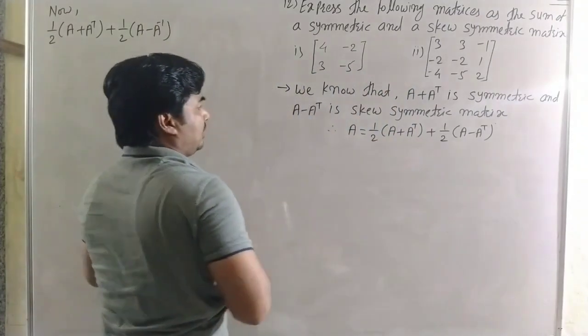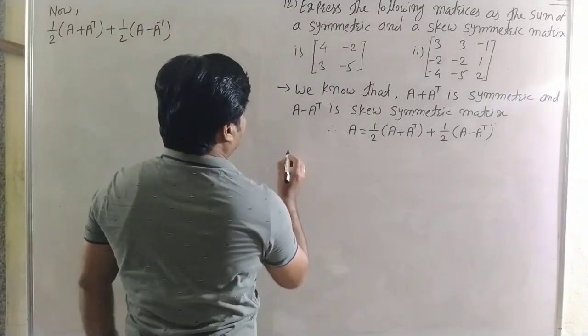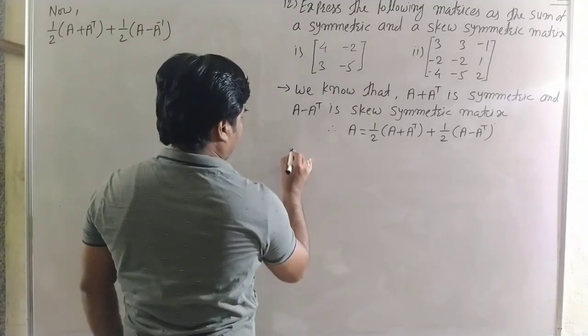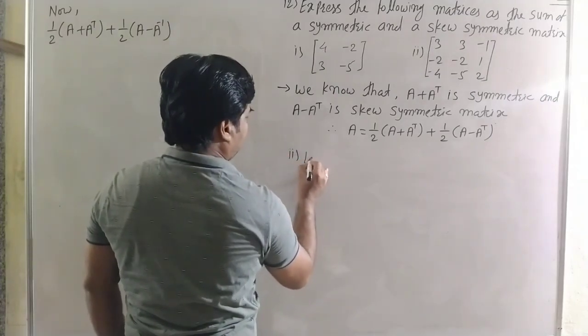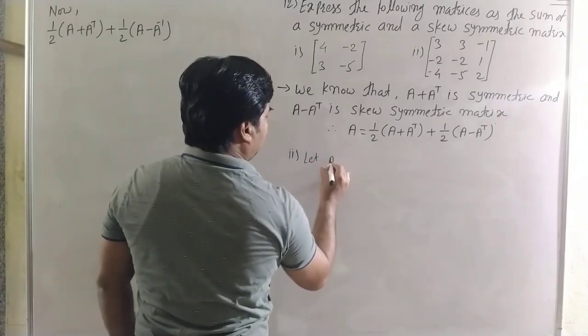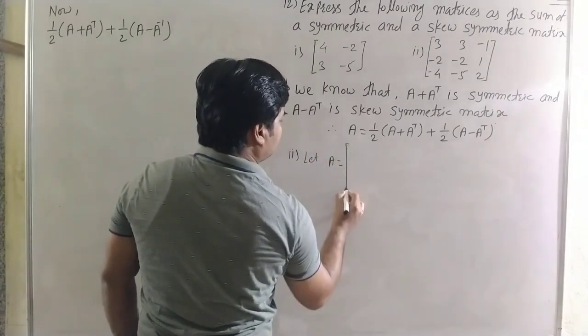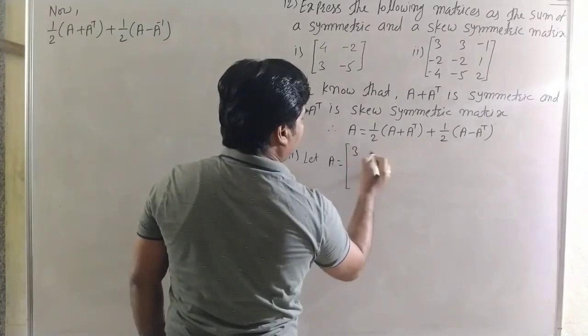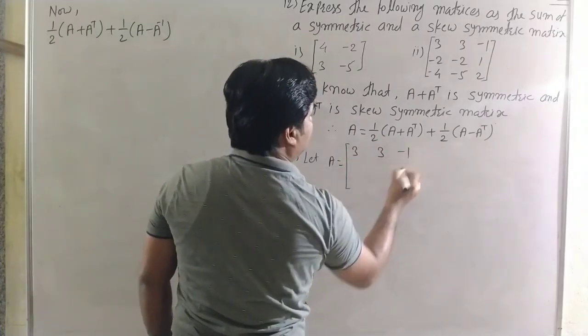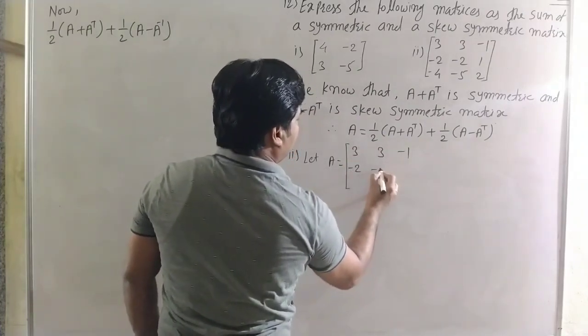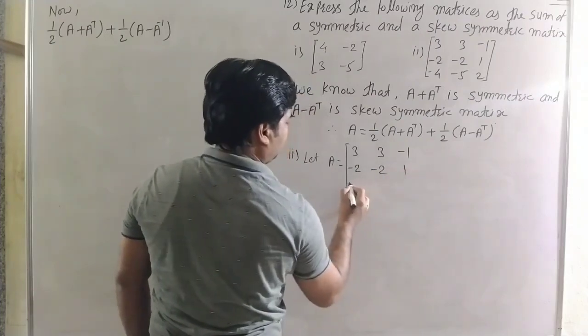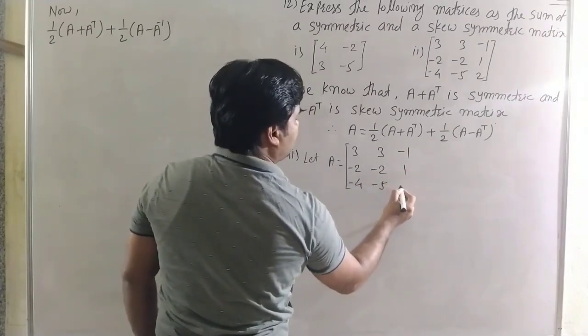Now the second example. Let the matrix A be [3, 3, -1; -2, -2, 1; -4, -5, 2].